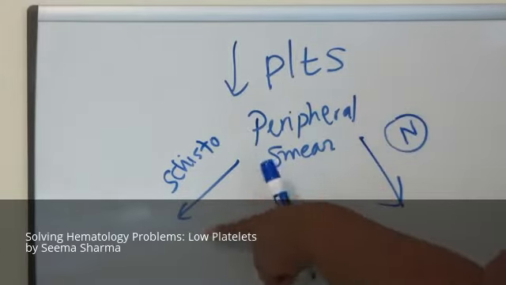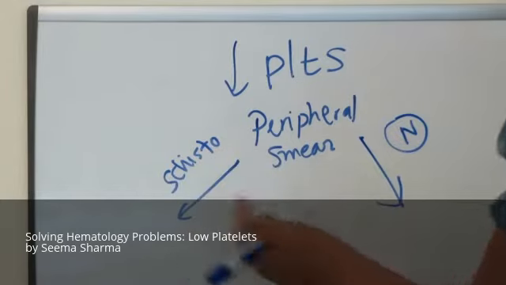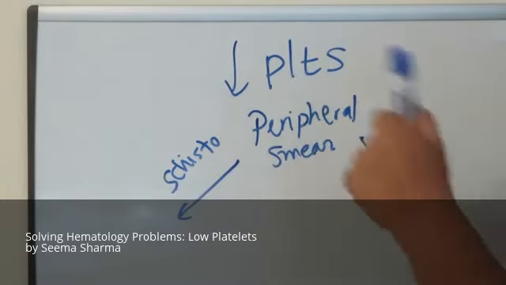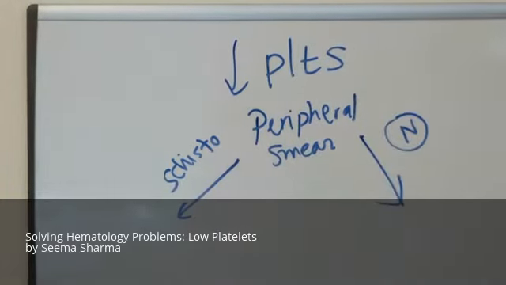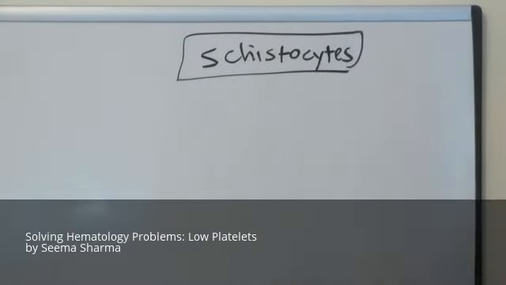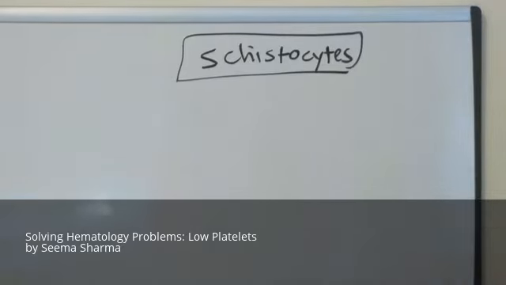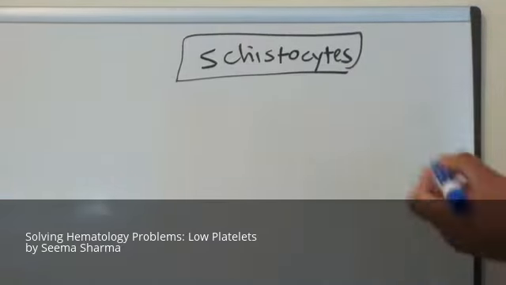So I'm going to first examine the case where there are schistocytes on the peripheral smear in the case of low platelets. So when you have schistocytes on the peripheral smear, you then look at the PT and PTT.